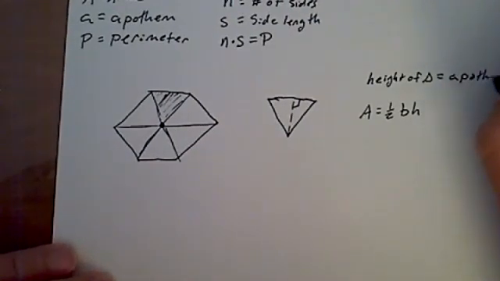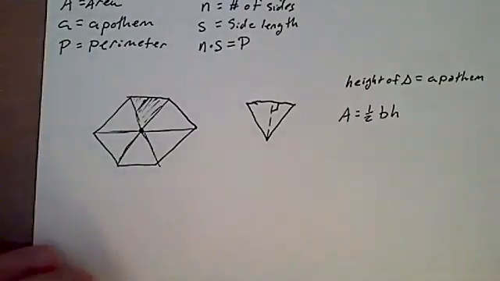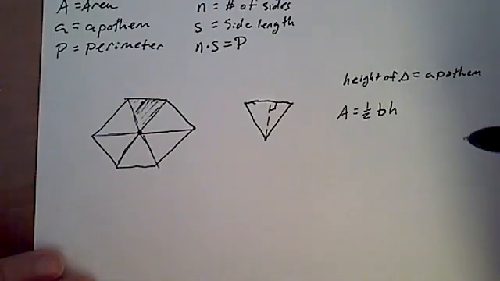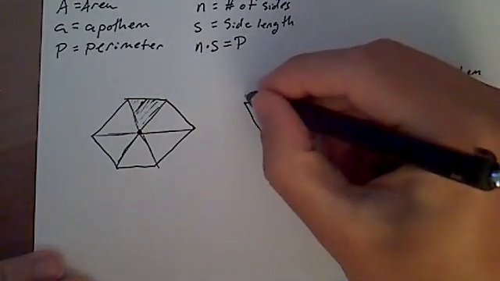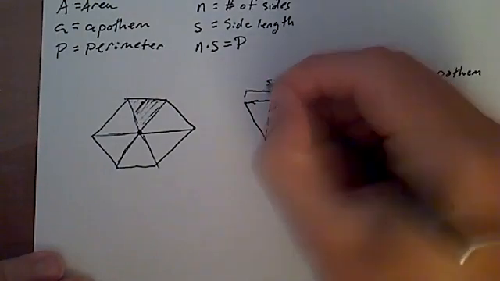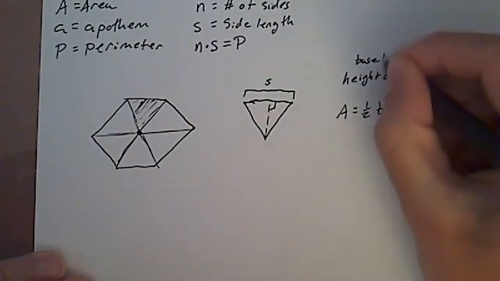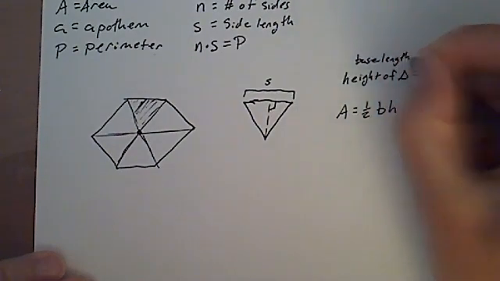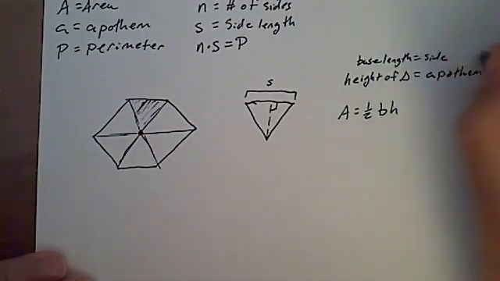They're the exact same thing, right? So that should be seen as something that's at least a little bit interesting, right? And what is the base? Well, the base is this. That's the side, right? Base length of the triangle is the side length.